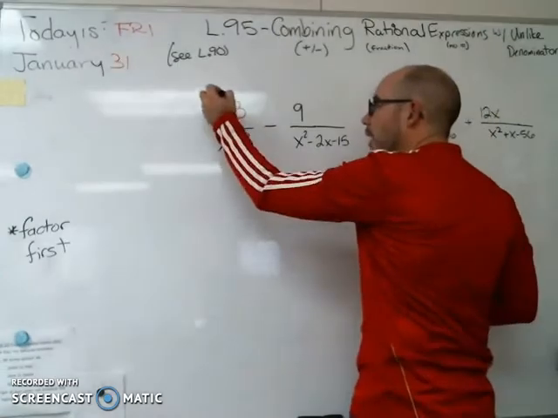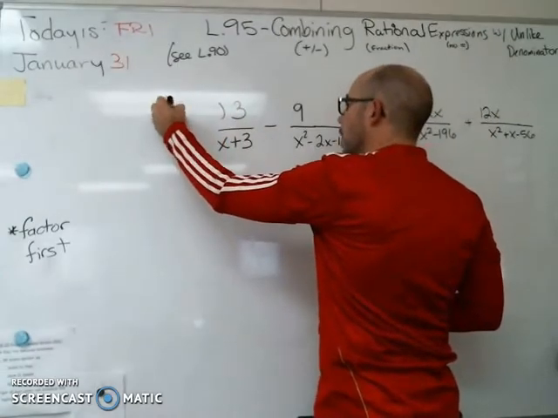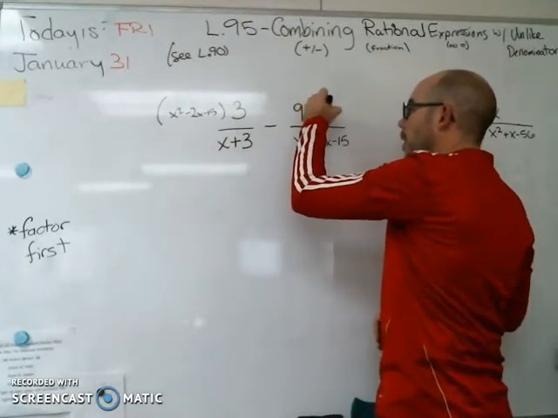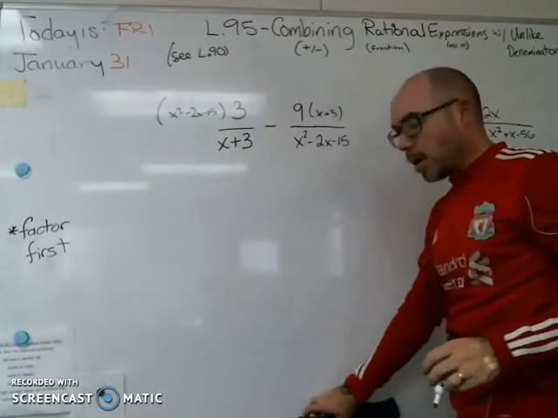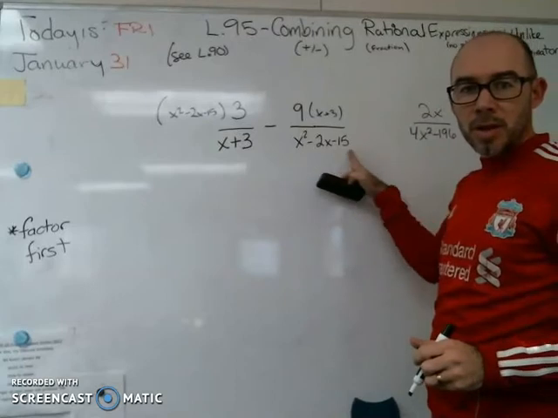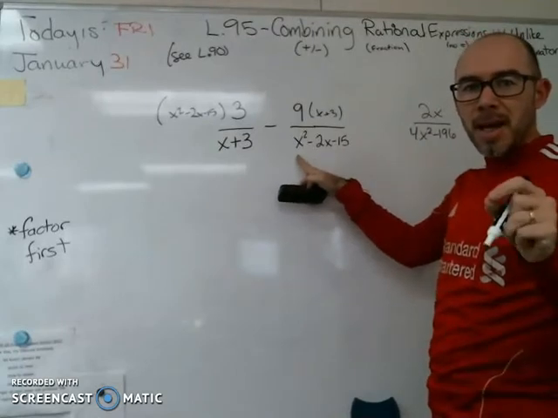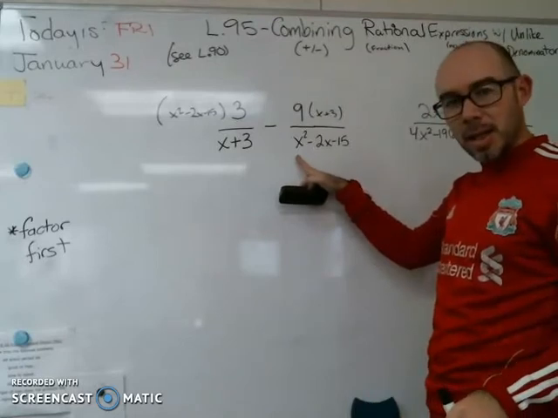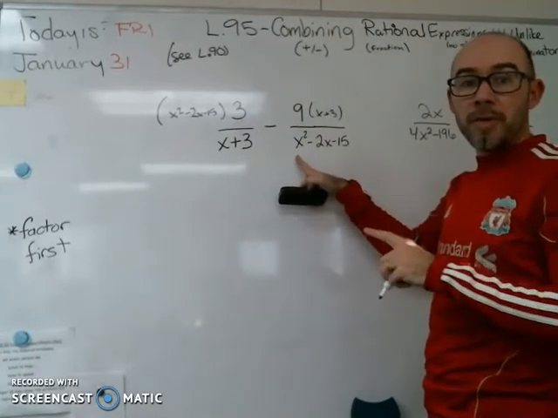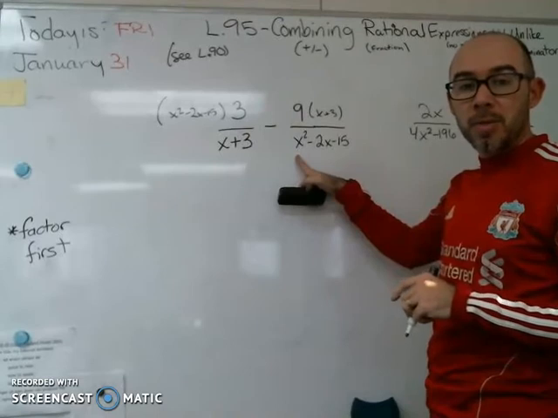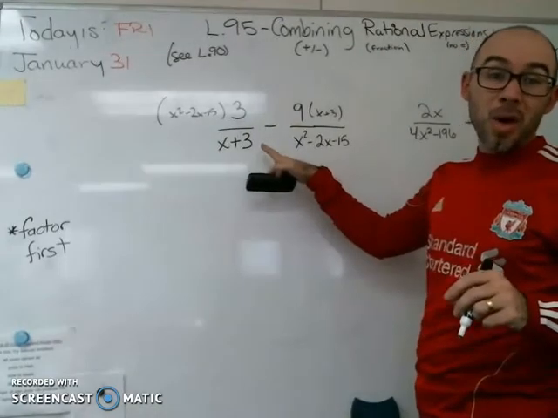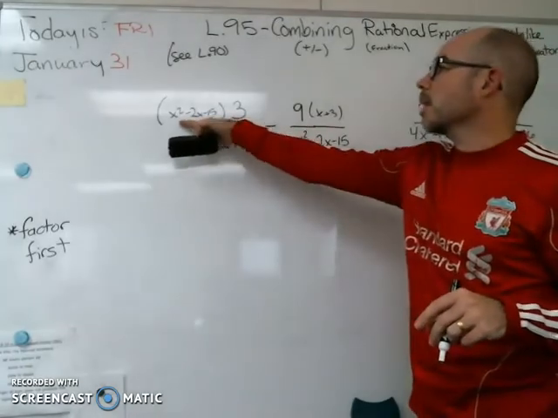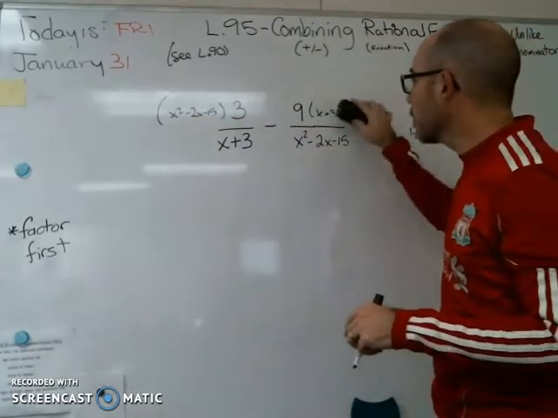And if I did that, I'd have to multiply this one over here by x squared minus 2x minus 15, and this one by x plus 3. But I think we know from experience here that this one right here may have factors, plural, embedded in it, and maybe one of the factors of this polynomial here, when I break it down, well, if it's x plus 3, then I've overdone it by multiplying this side by all this stuff.